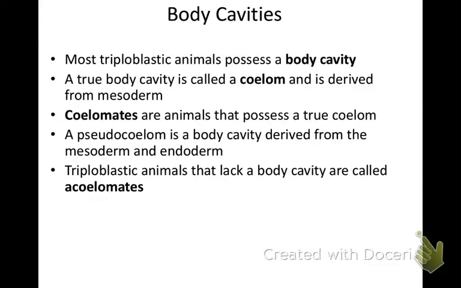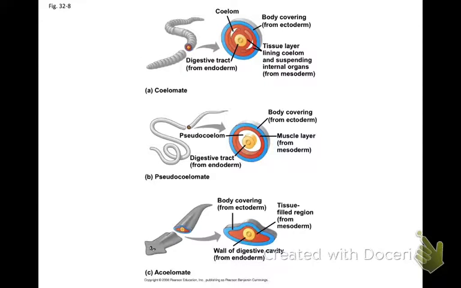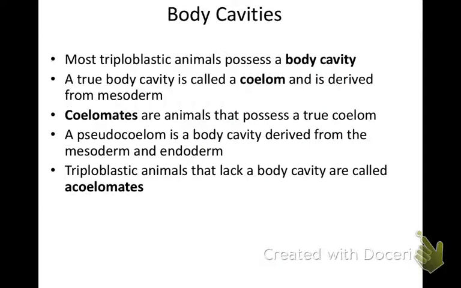So most triploblastic animals possess some sort of body cavity, and the body cavity is referred to as a coelom. So that's a cavity that contains organs, and so the true coelomates possess what's called a true coelom.